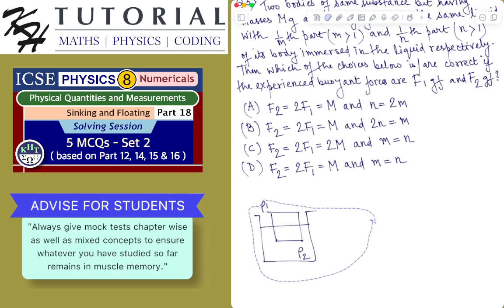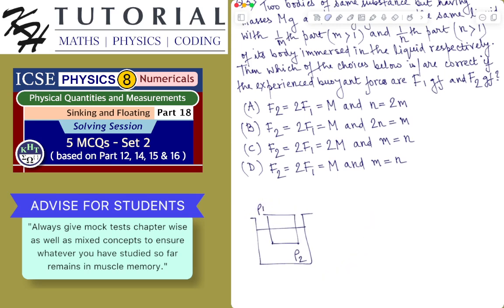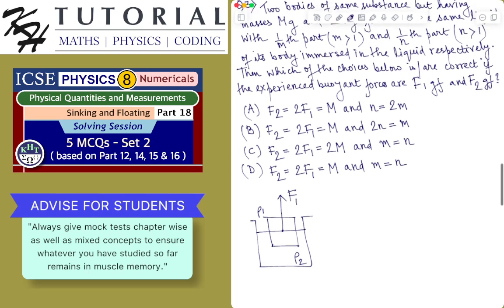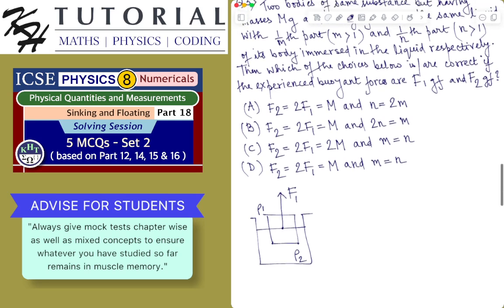Let's try to visualize the scenario. So this is floating. It is given that the buoyant force for the first body is F1, and 1 by mth part of the body is immersed in the liquid.